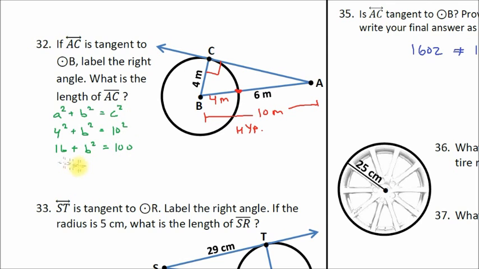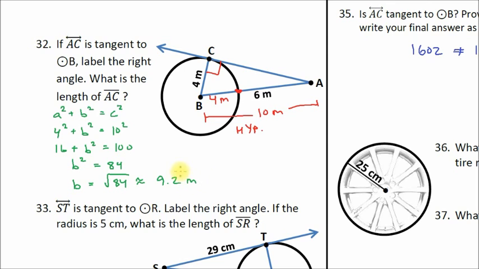We're going to subtract 16 from both sides. That gives us B squared equals 84. And now we're going to square root both sides. When we do that, we end up with B is equal to the square root of 84, which is approximately 9.2, and our unit of measure is meters.